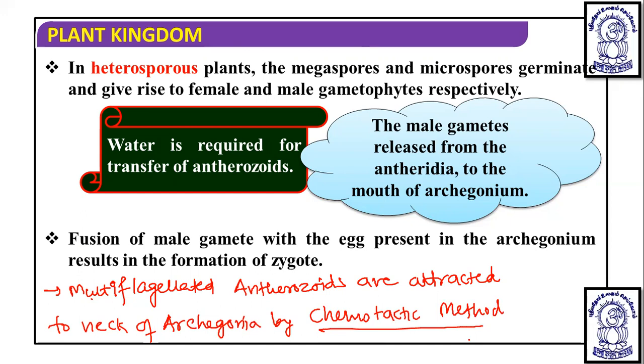So due to the chemical stimulus released by the neck of the archegonia, the multiflagellated antherozoids are attracted toward it. And in this chemotactic movement in water, the chemical stimulus is malic acid.